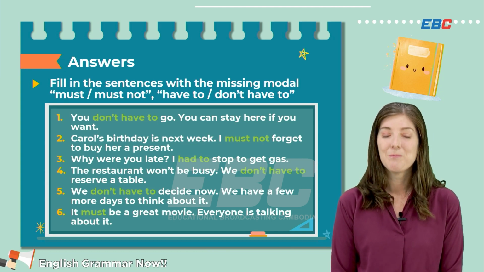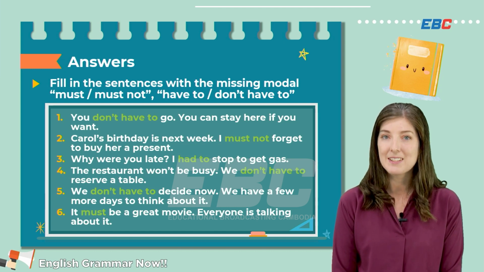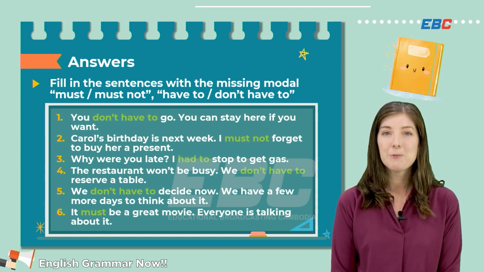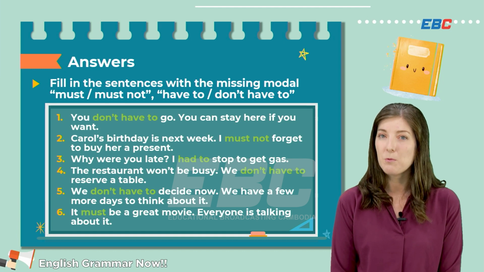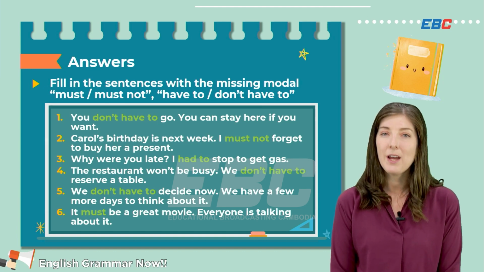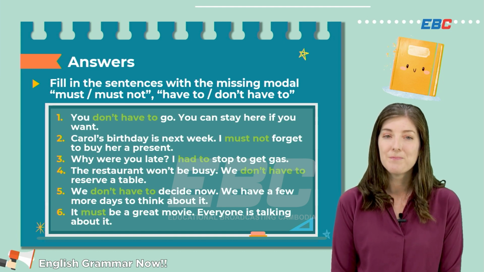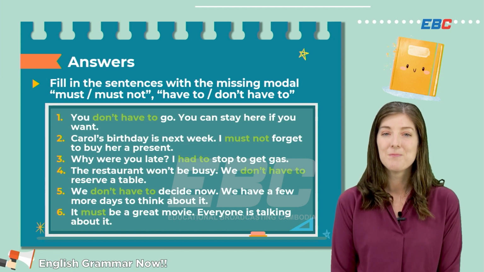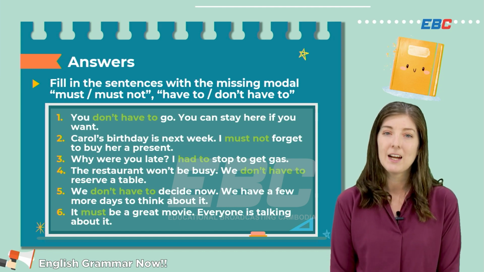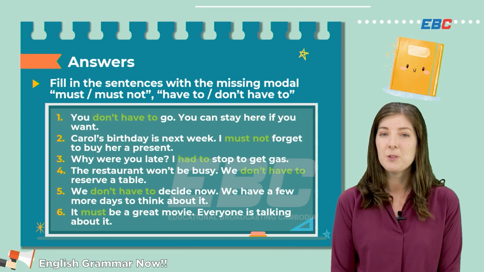Number 3, why were you late? I had to stop to get gas. Number 4, the restaurant won't be busy. We don't have to reserve a table. Number 5, we don't have to decide now. We have a few more days to think about it. And number 6, it must be a great movie.